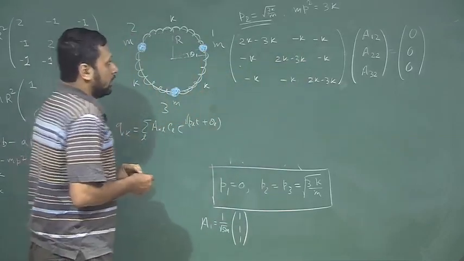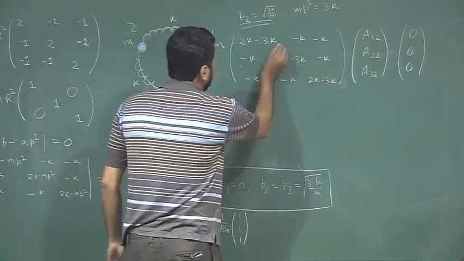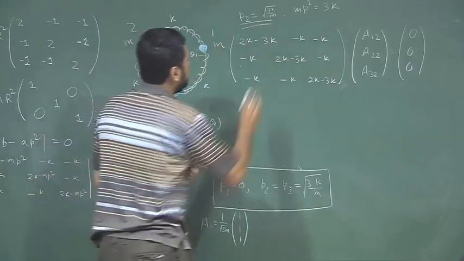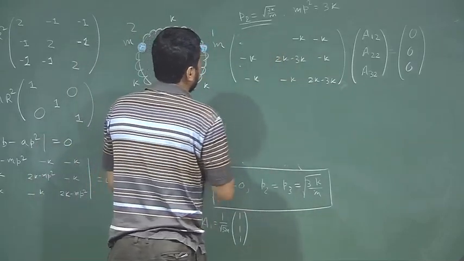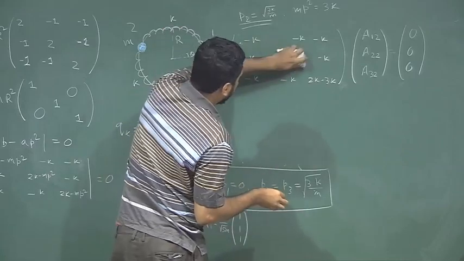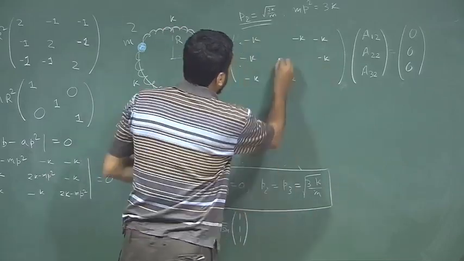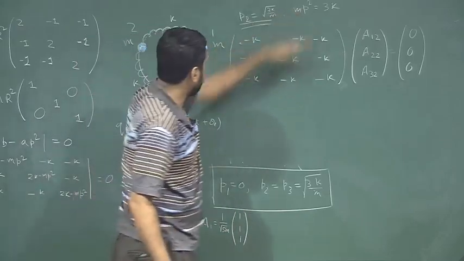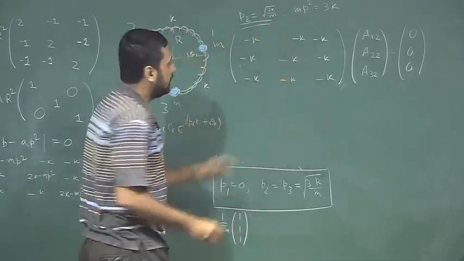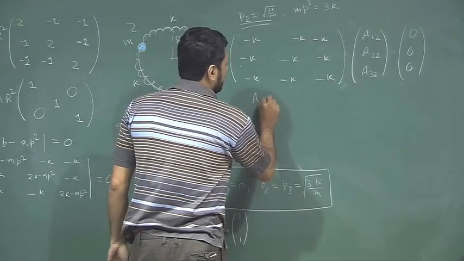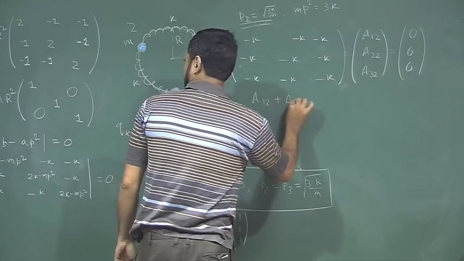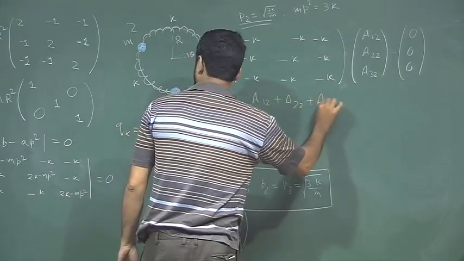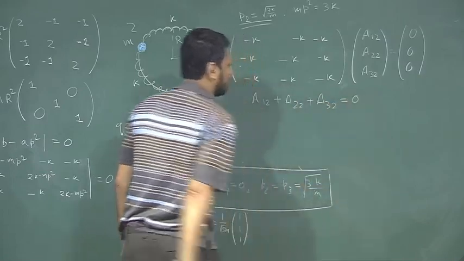Now, these are all minus k's, so we have a minus k here, minus k here and minus k here. So, these are essentially a collection of 3 equations. All 3 equations will give you A 1 2 plus A 2 2 plus A 3 2 equal to 0.